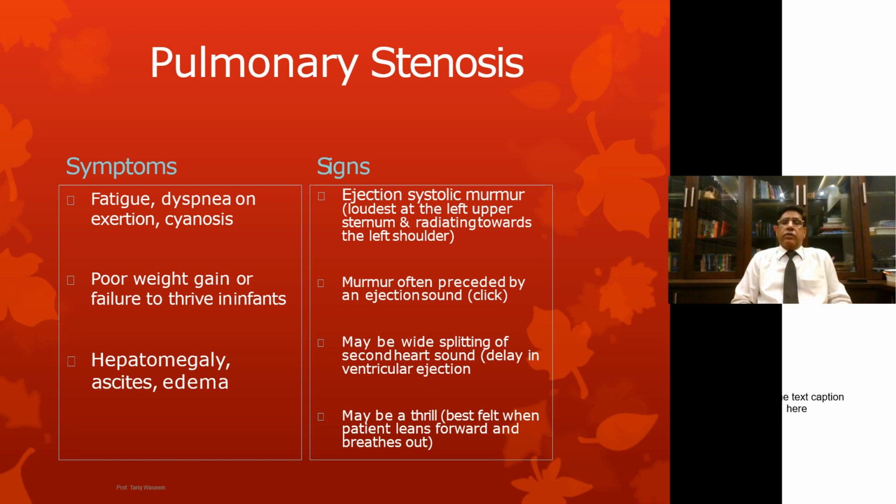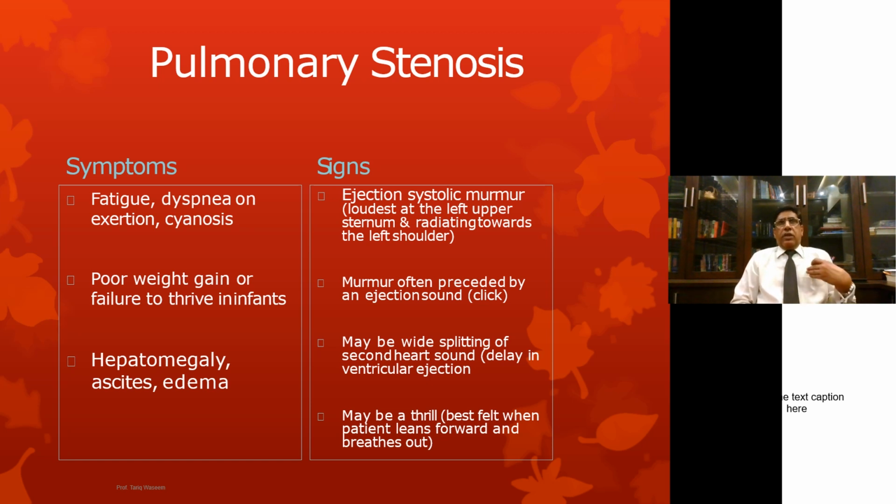So because of the disparity in the closure of the aortic and pulmonary valves, the aortic valve will close earlier and the pulmonary valve will close late. This would lead to a time interval between the two components of the second sound, which is called splitting, and this would be wide splitting, but it still would maintain its variation with the respiration.